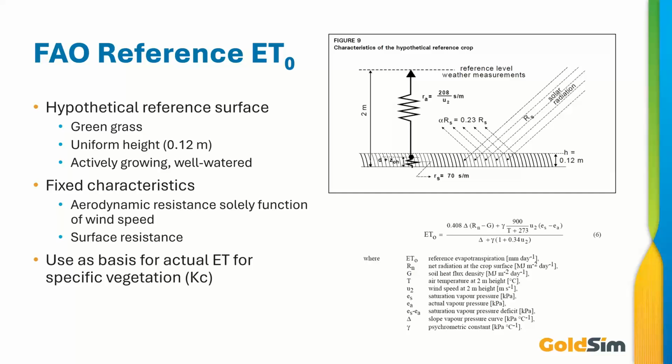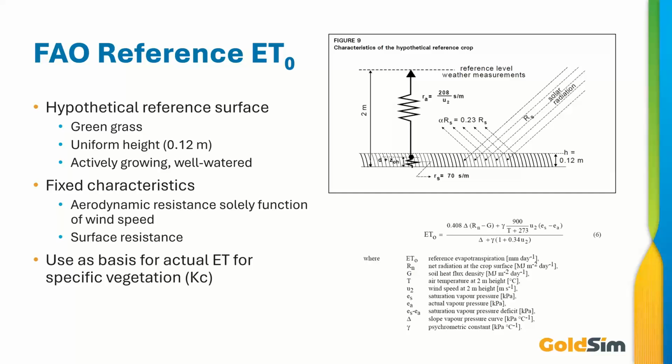Okay, so in this functionality, our aerodynamic resistance is in this model a function of the wind speed, which we'll get into. So let's see. Yeah, so we use this ET as a basis for estimating ET for other areas by applying what's called a crop coefficient.